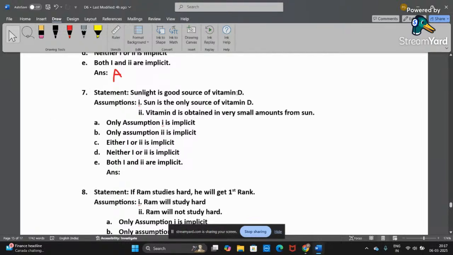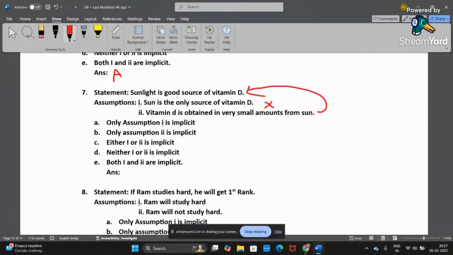Okay, we'll move on to the seventh one. Sunlight is a good source of vitamin D. Sun is the only source of vitamin D. They have not told us in the statement about only the sun. They have told that sunlight is good for vitamin D, but in the assumption they're telling only source. So this is not related at all, so this is explicit. Vitamin D is obtained in very small amount from sun. See, even this is not given in the statement.